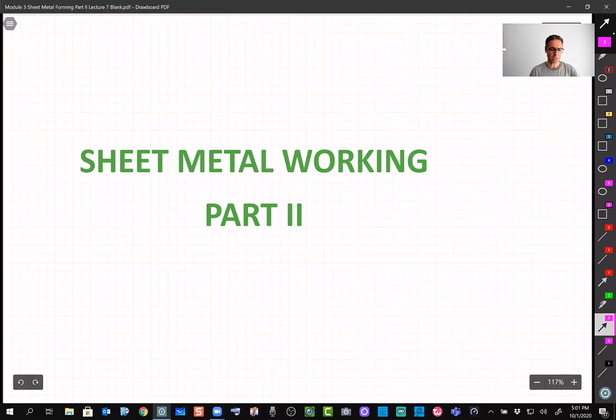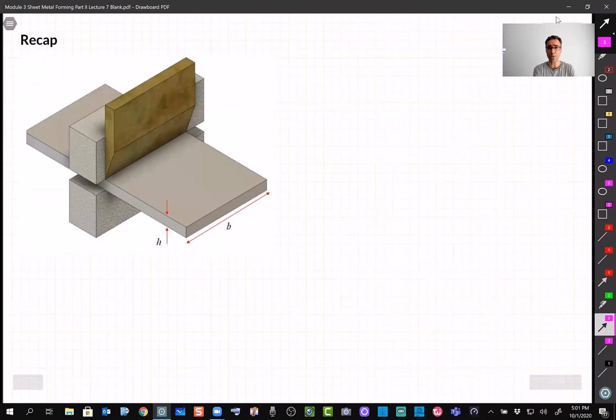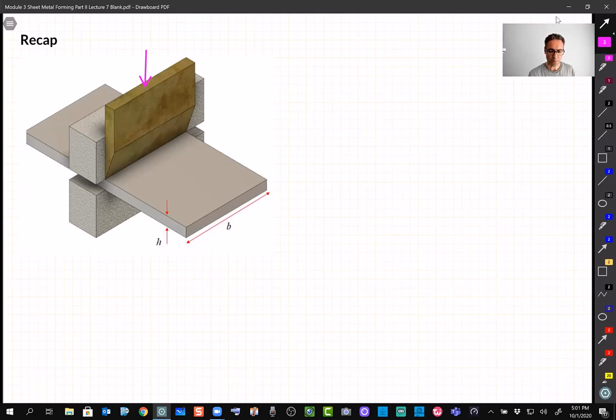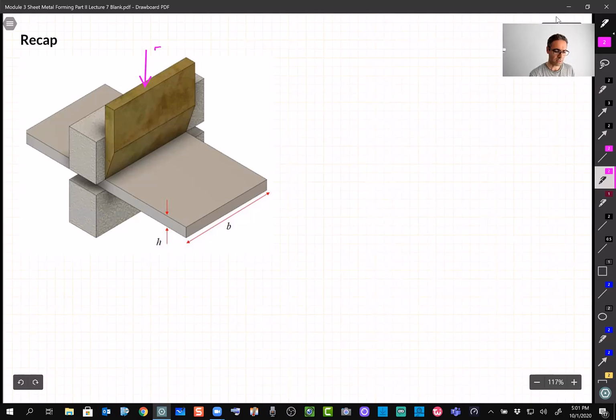So as a quick recap, as we talk about cutting, in particular, we calculated how much force we need to cut a certain length or width and thickness of a material. The way we calculated it, we said this force results in shearing stress in this plate.